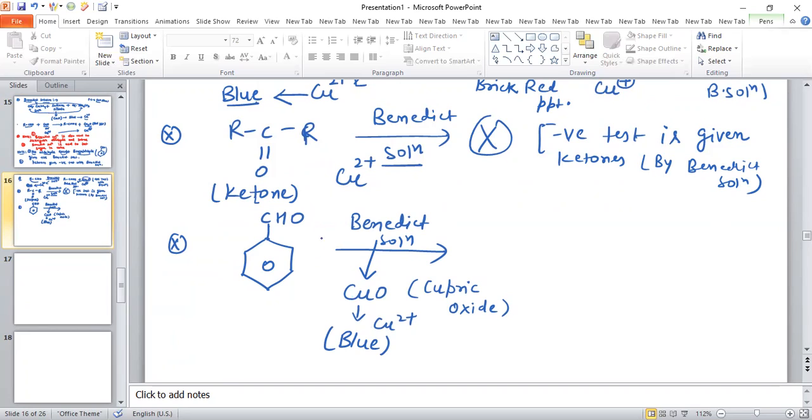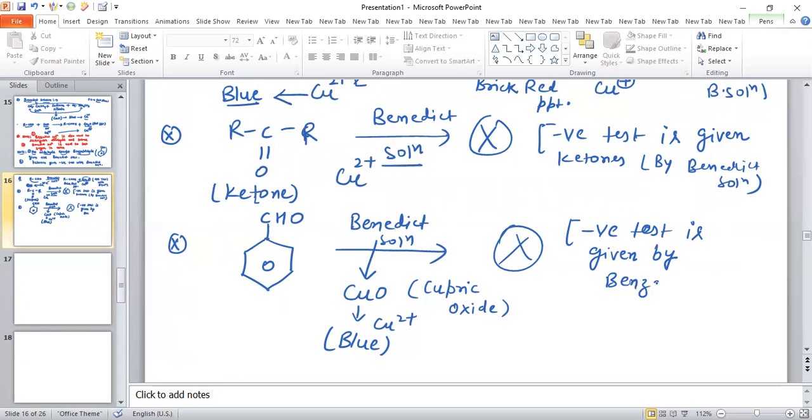Because we know benzaldehyde gives a negative test with Benedict solution, no reaction will take place. So you can easily say a negative test is given by benzaldehyde.